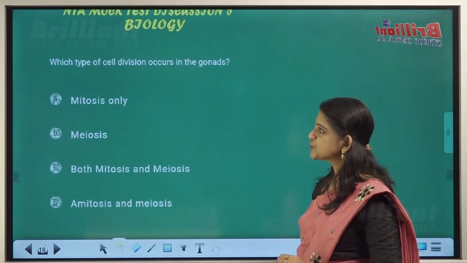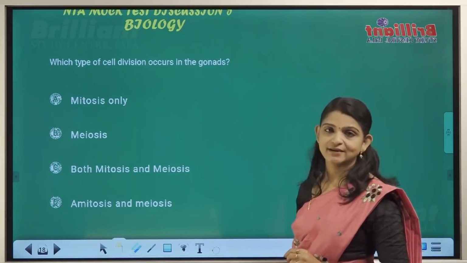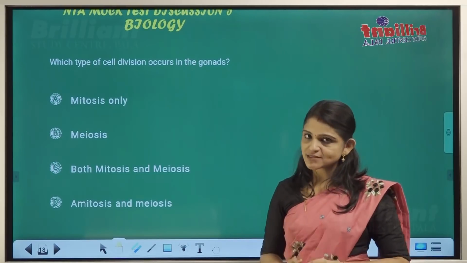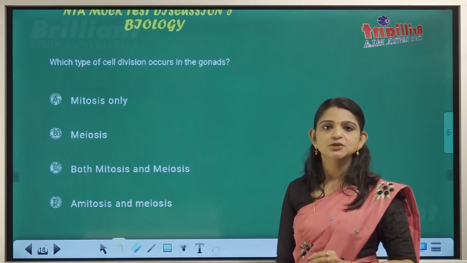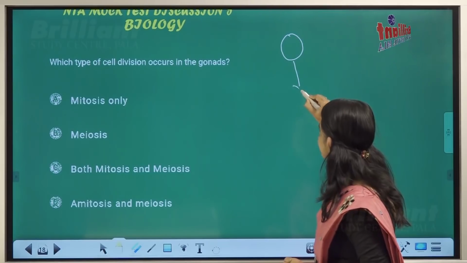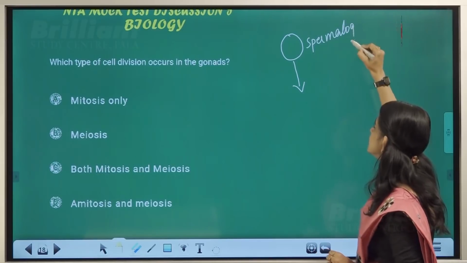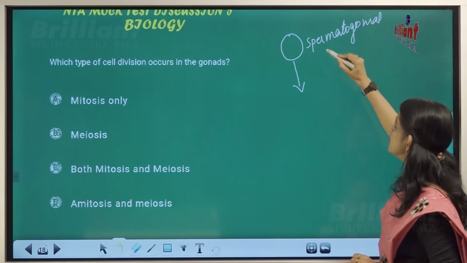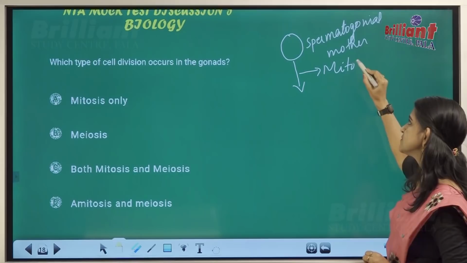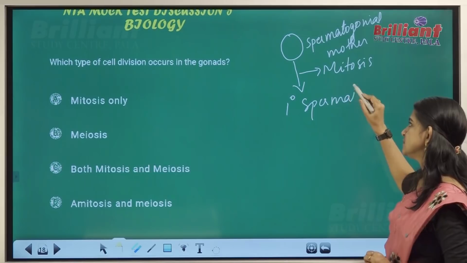Next question, which type of cell division occurs in the gonads? They're asking gonads. Think about spermatogenesis. Oogenesis and spermatogenesis we can think, but for easy understanding, I'll tell you something about spermatogenesis. Spermatogonial mother cell will undergo mitosis to produce primary spermatocytes.